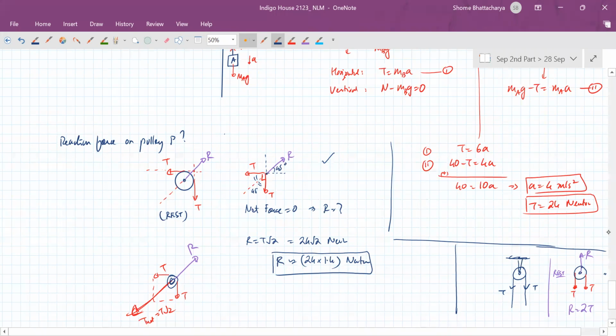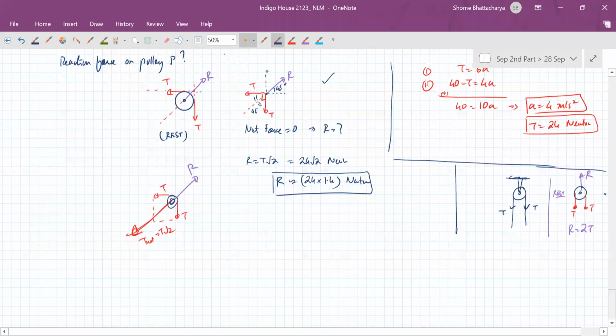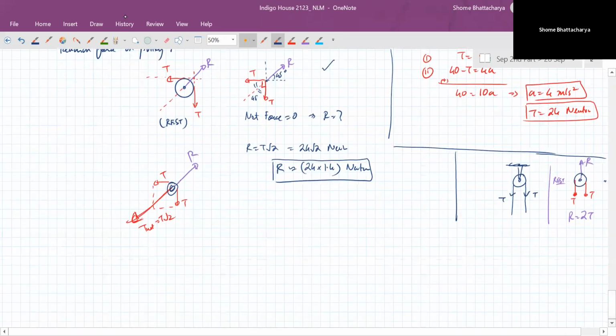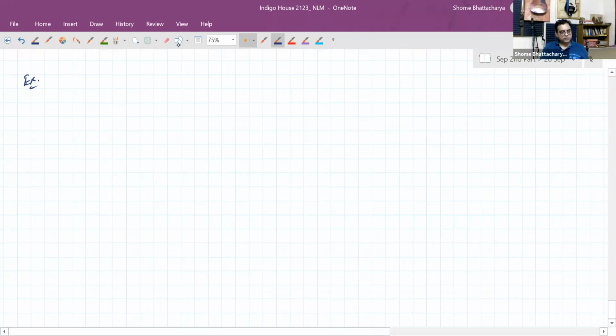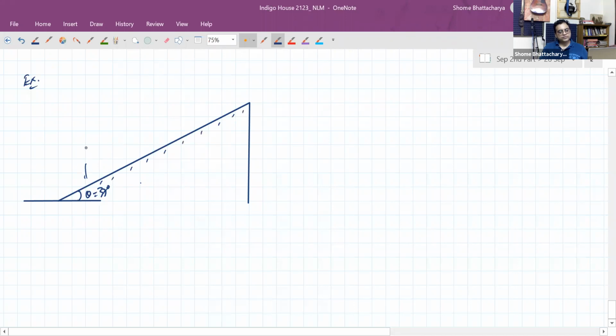Okay, now let's do one more problem of this type for practice before we move on to another section of application of Newton's laws. So this time we'll see a slight variation of the previous situation where instead of a horizontal tabletop, we have an inclined surface where this angle of inclination is 37 degrees and this is a smooth surface.